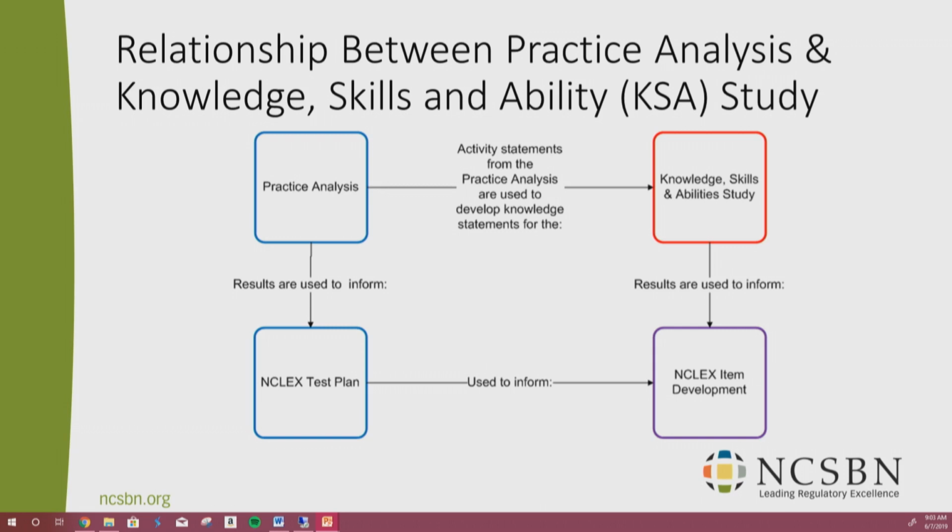What then defines how items are written and the depth and breadth of those items become the knowledge, skills, and abilities. So that forms the context around the measurement piece. And I wanted to put that out first to show you how we got to, quite frankly, what we believe is the next movement of measuring entry-level nurses.